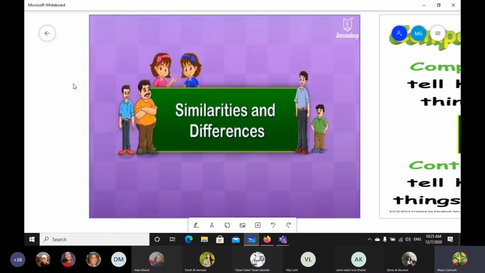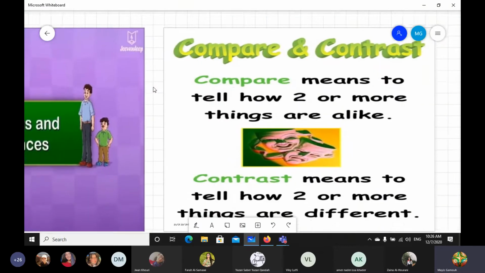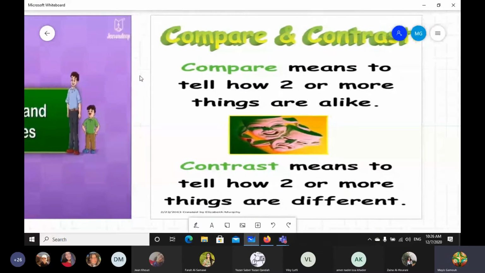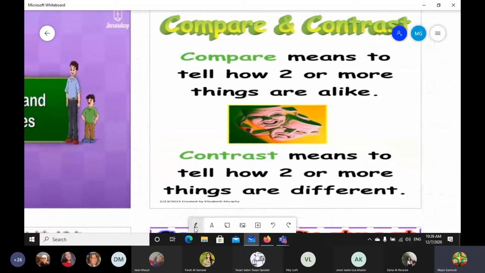These characteristics may be the same and may be different. So when I say similarities and differences, I have to think about 2 terms, which are compare and contrast.